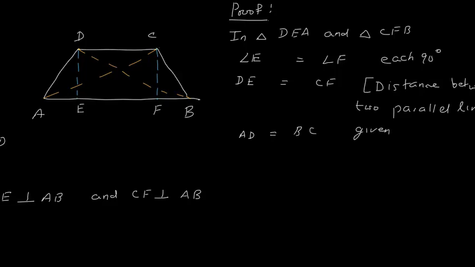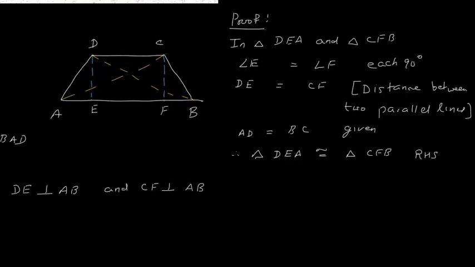This is given. So therefore, triangle DEA is congruent to triangle CFB. This is the RHS criterion. So these two triangles are congruent. Therefore, angle A is equal to angle B, as they are corresponding parts of congruent triangles.